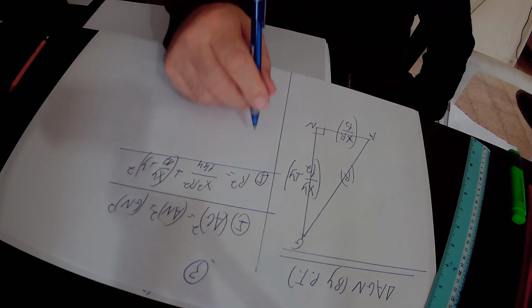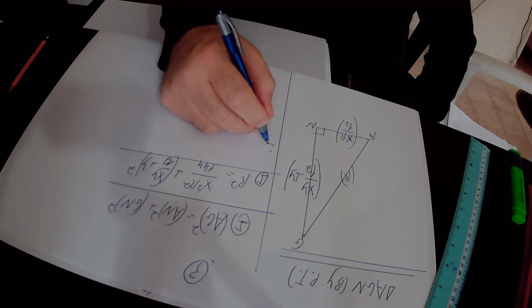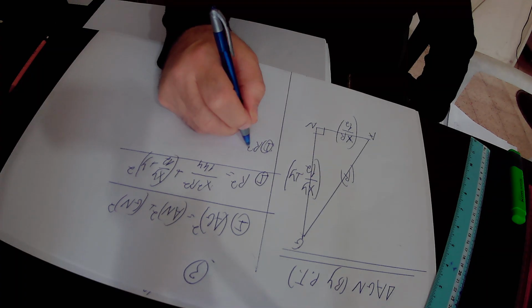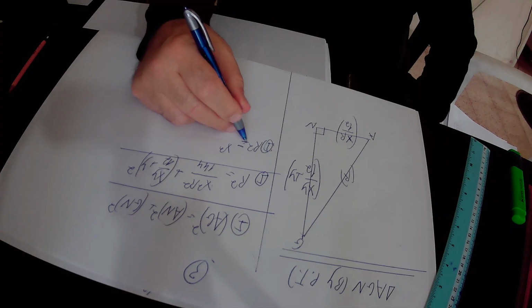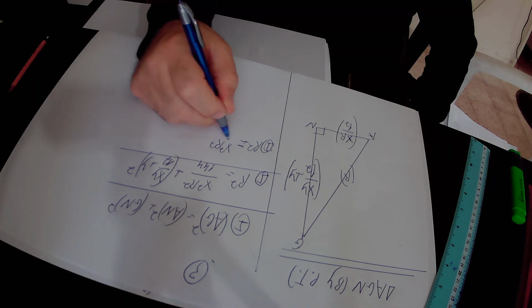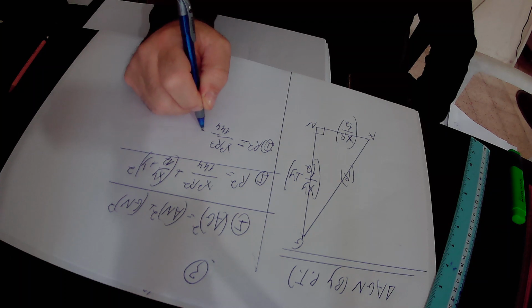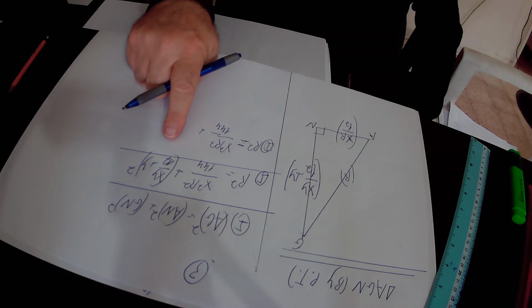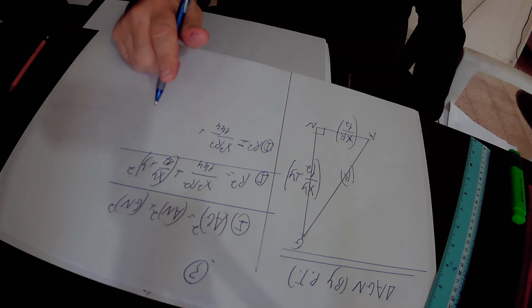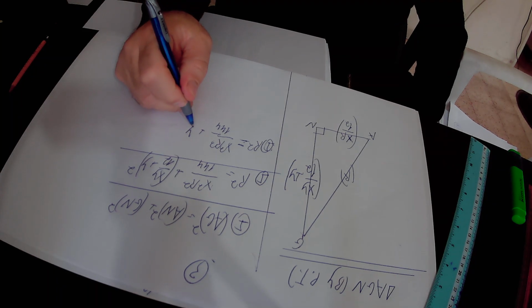So according to equation 1, R squared equals X squared times R squared over 144 plus, here we take out Y as a common factor from this expression.